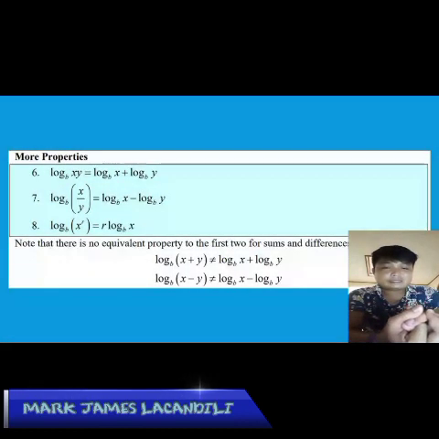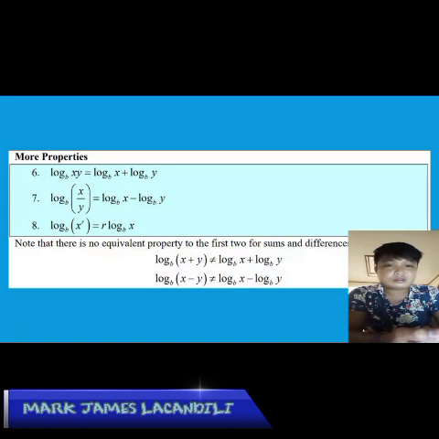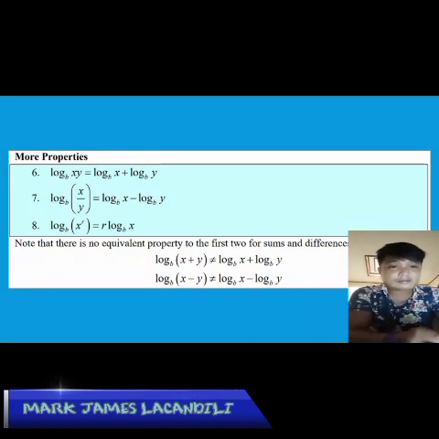More properties, and we are going to number 6. Log base b of xy equals log base b of x plus log base b of y. Number 7, log base b of x over y equals log base b of x minus log base b of y.